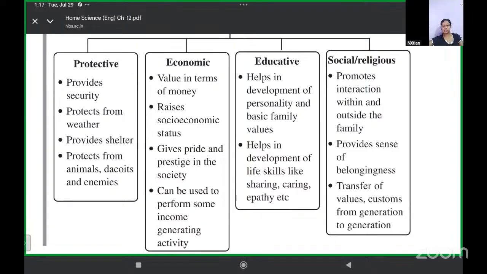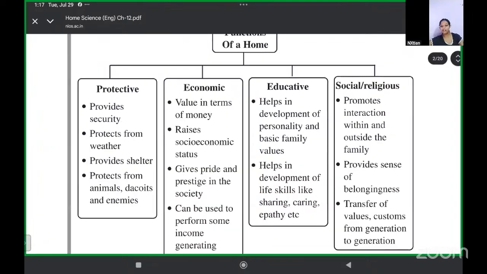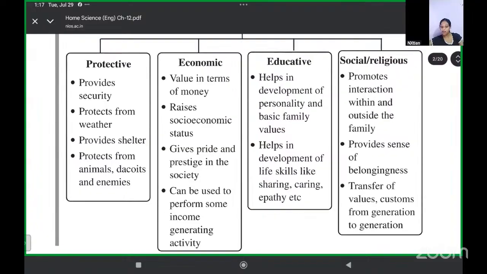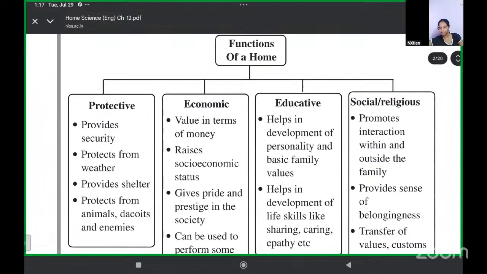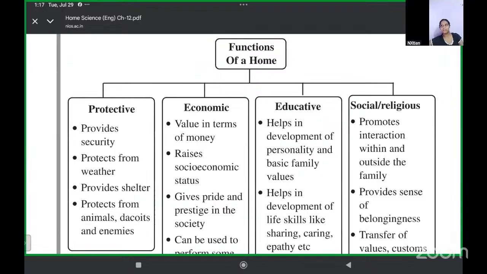Then there are economic benefits or economic functions, value in terms of money. Value in terms of money can be the value of the house, but I think here it means that it provides for our necessities, for whatever we need.